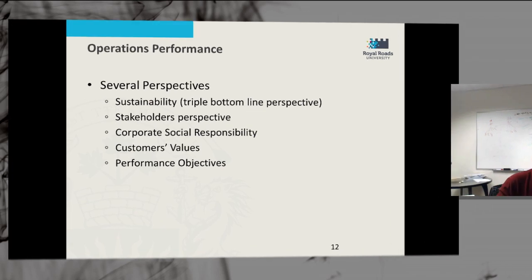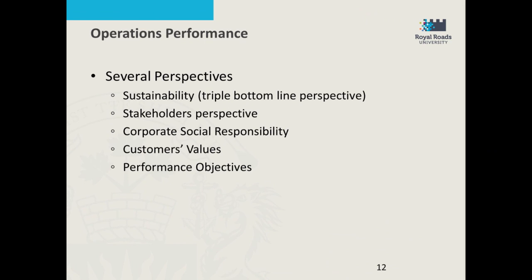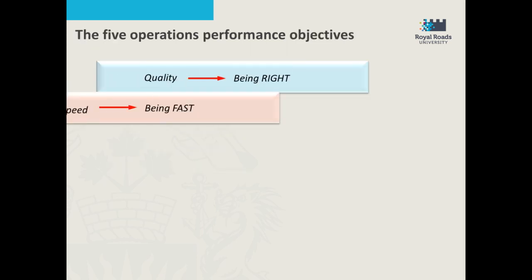In this course, in operation management, we will see performance as 5 performance objectives. So we need to be very precise. When we use the word performance, it's not just a general term.